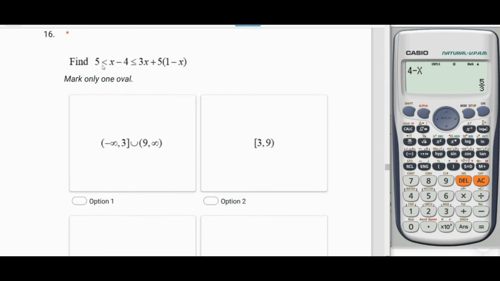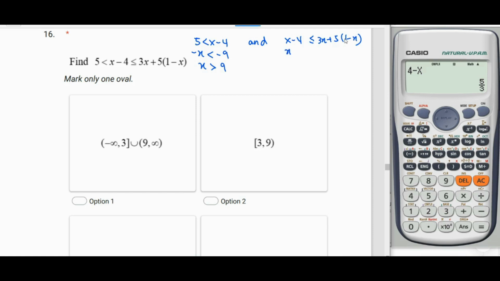So next, inequalities. Here we have two inequalities, and we have to rewrite it. One is 5 less than x minus 4. When we separate these two inequalities in one sentence to become two sentences, we use the definition and. Then we simplify x. Move x to the left hand side, then 5 to the right hand side. When you divide by negative, you need to change the sign, so x becomes positive 9.